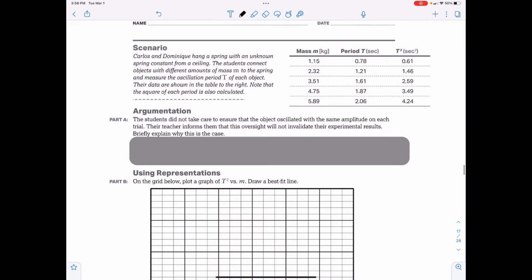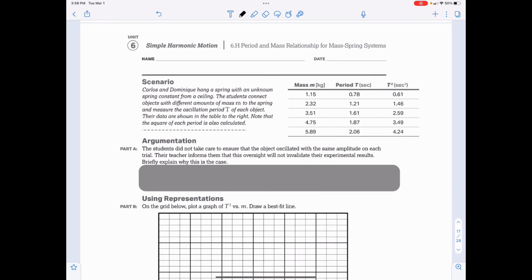Part A. The students did not take care to ensure that the objects oscillated with the same amplitude. Their teacher informs them this oversight will not invalidate their experimental results. Why?